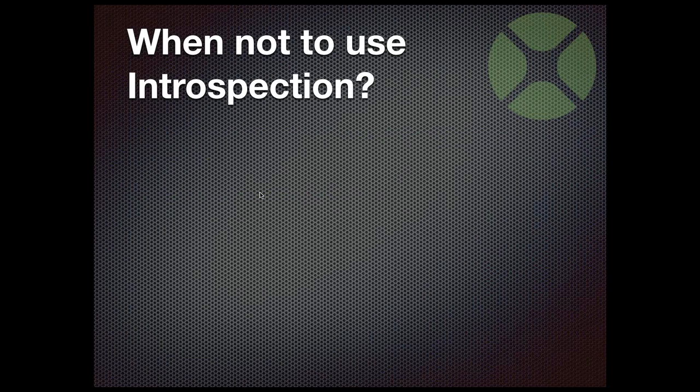Now, when not to use introspection? When you're working with a single class. If you're working with a single class, you don't need introspection really, because you know what that class does. You know how to interact with it right in Xojo. The same thing with known methods and properties.